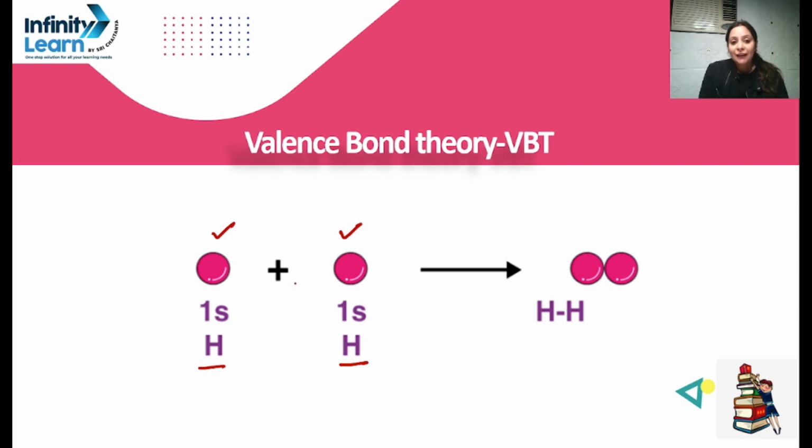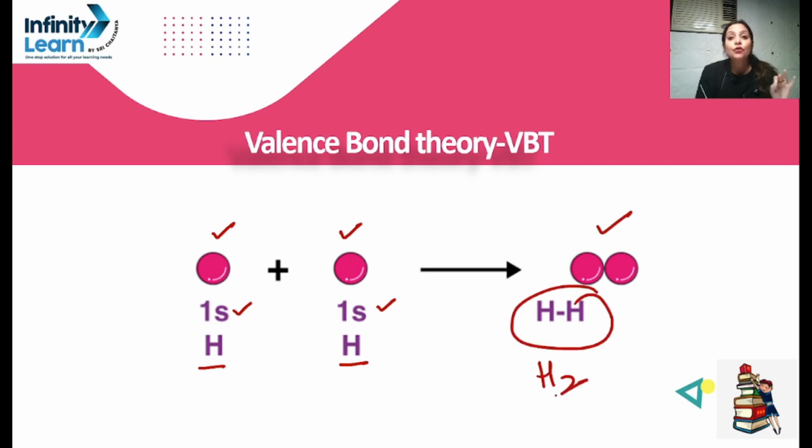Here the atomic orbital of hydrogen, that is 1s, combines with another atomic orbital of hydrogen, the same 1s, and this is how the combination occurs, and it gives rise to a molecule which is H2. So this we are going to take up in this particular video.